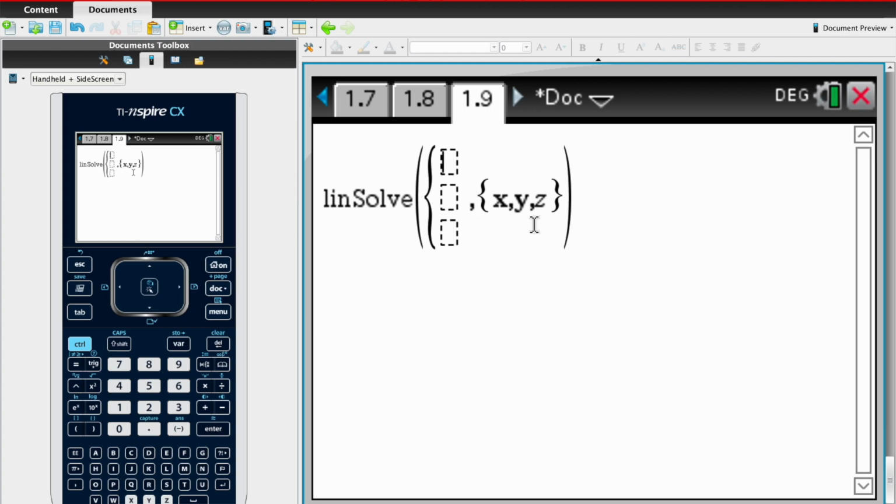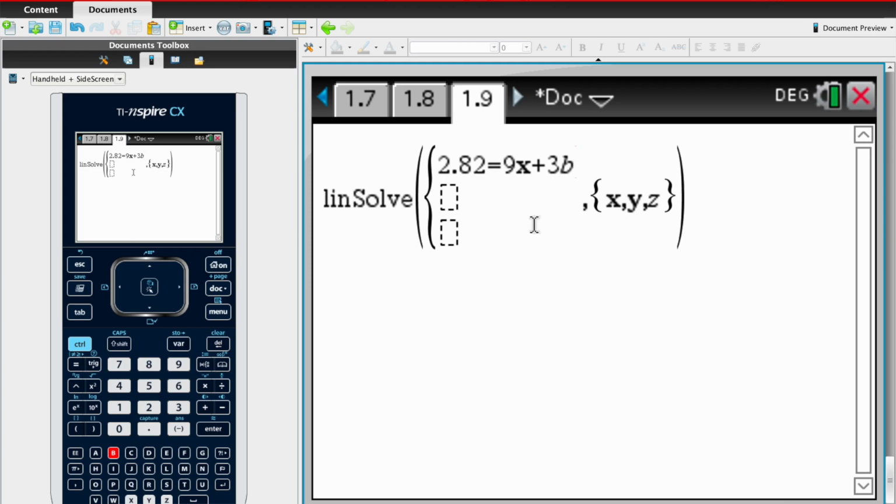That is to say, we have 2.82 is equal to 9a plus 3b plus c. To be honest, if you want to skip ahead, you can. I don't actually recommend this path.